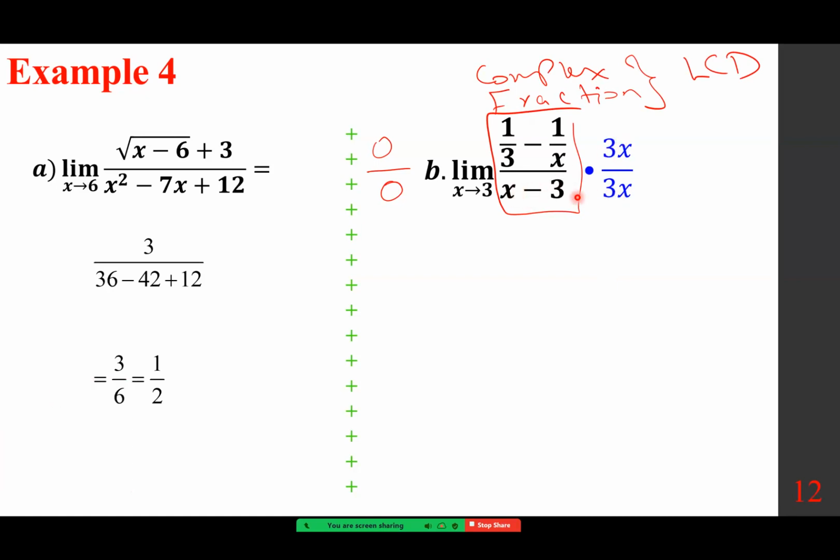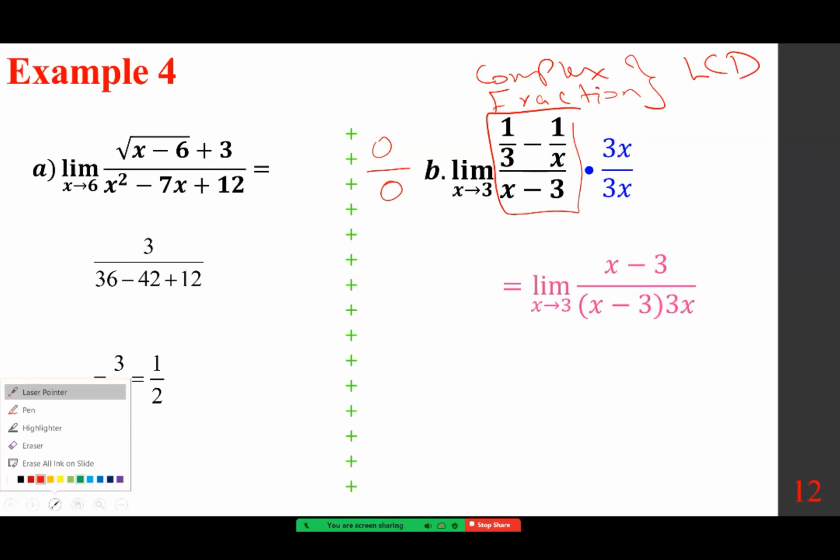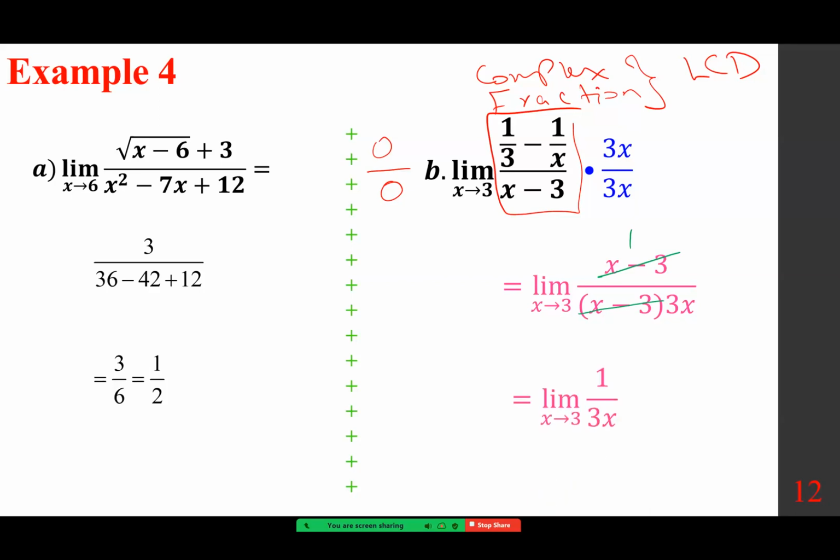This one, we write it as a product. 1/3 times 3x gives us x. 3x times 1 over x gives us 3. So we keep the sign. And x minus 3 cancels out x minus 3. Notice the lim sign doesn't go away until now that we are going to replace the x, and we get 1 over 9.